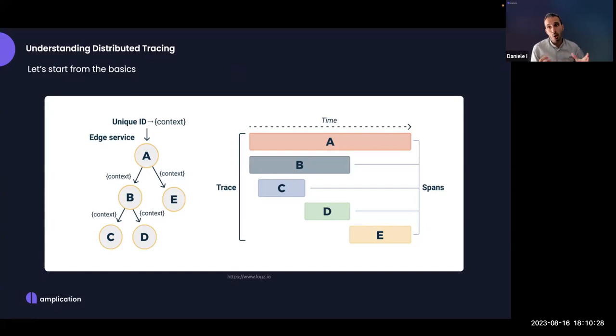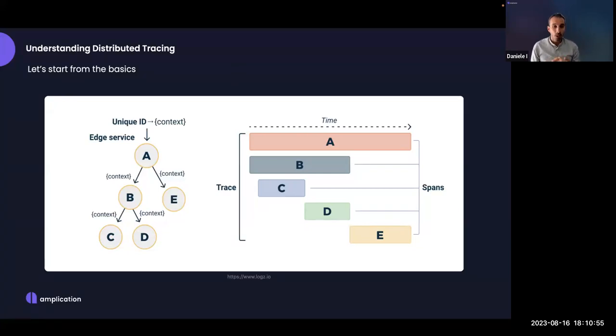It is a collection of spans, right? Each span is a representation of a single operation within one service. So it captures information like start time, end time, duration, and any additional metadata or annotation that might be useful to get an easier understanding of what is happening, right?